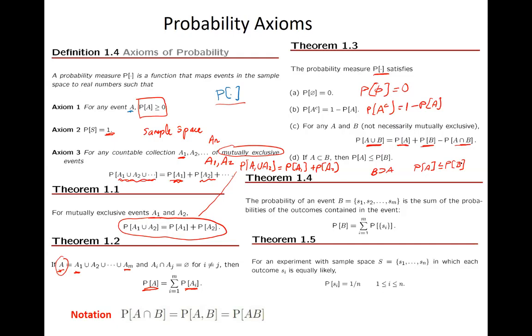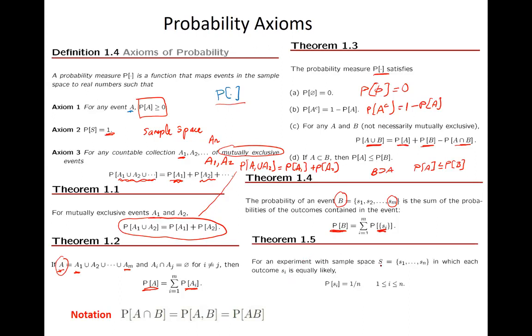And the theorem 1-4, if we have an event B consisting of M outcomes, and probability of B will be summation of the probabilities of each outcome. Next and final theorem.